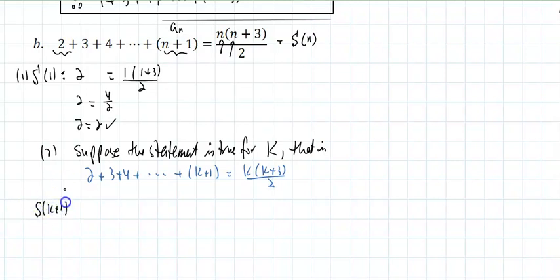S of k plus 1 would be the first k terms plus one more. How do you find the next term? There is a sub k. What is a sub k plus 1? That is k plus 1 plus 1. And what's that going to equal?